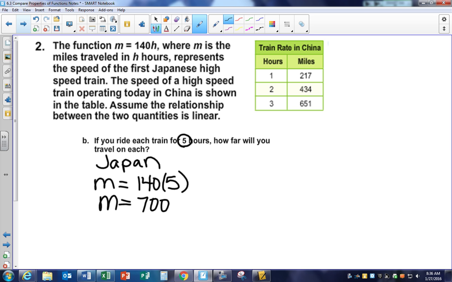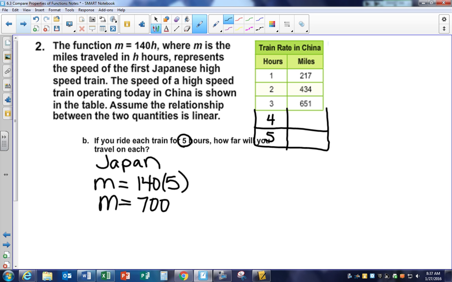Now let's look at China. In this case, we're not very far off, we only need to add a couple hours to our table, so it may be just easier to continue our table. So we're going to do that this time. But if we had to find 10 hours, it would be a lot more work to continue the table, and we can use an equation to help us with that.